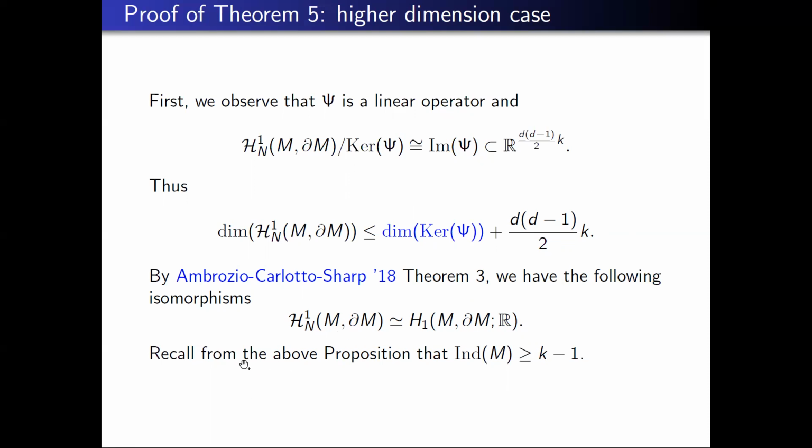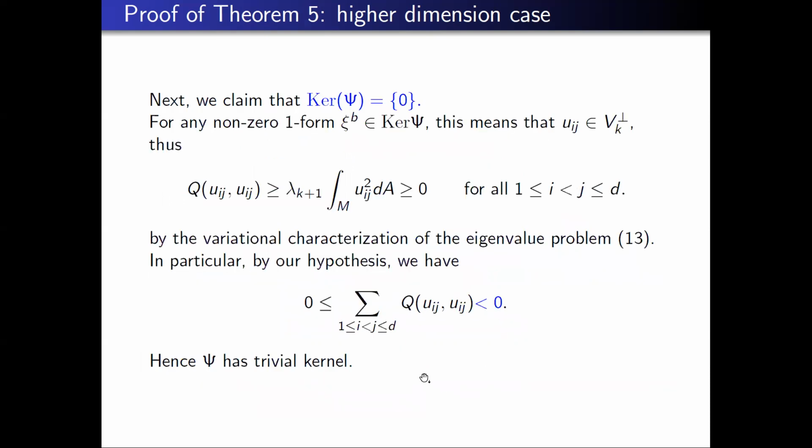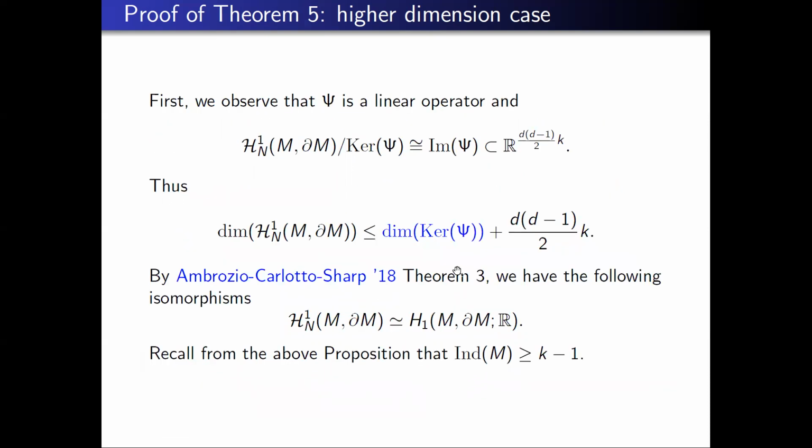Recall the proposition that the Morse index of M is larger than k minus 1. Next, we claim that this kernel vanishes, that means it is 0. So k has a lower bound, and this lower bound is the dimension of the first homology group.